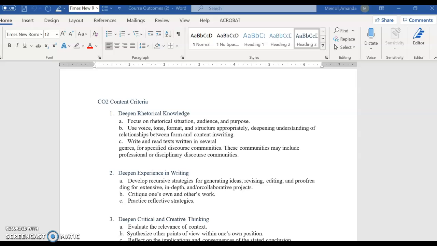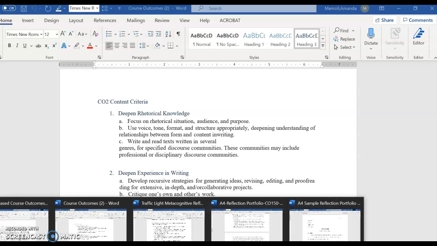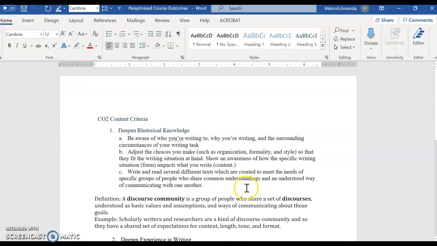And if we had all the time in the world, we would probably spend a little bit more time going through these and breaking them down. But because it's more important to me that you are able to think about how these ideas apply to your work than it is that you are able to translate them, I have actually gone ahead and created some paraphrased outcomes of my own that I hope will allow you to figure out which ones you want to focus on.